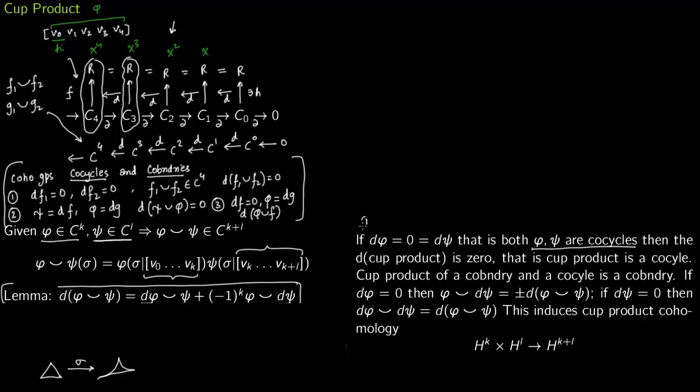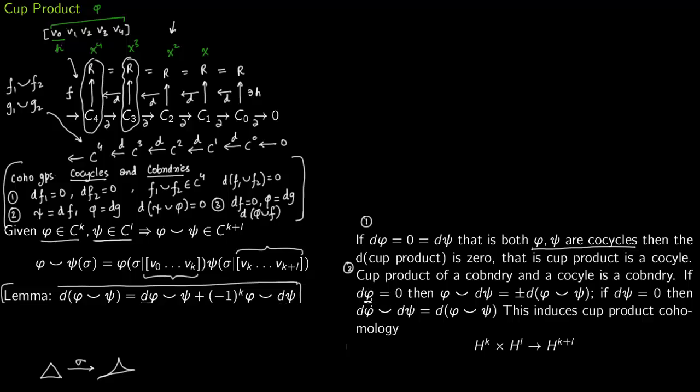So this is our first condition. Second is, the cup product of a co-boundary and a co-cycle is a co-boundary. So first, if d of phi is 0, that is, this phi is a co-cycle. So if you take d of a co-cycle, you get 0.